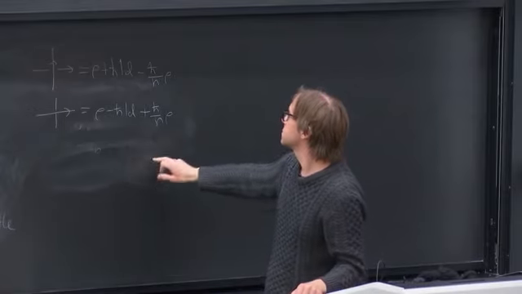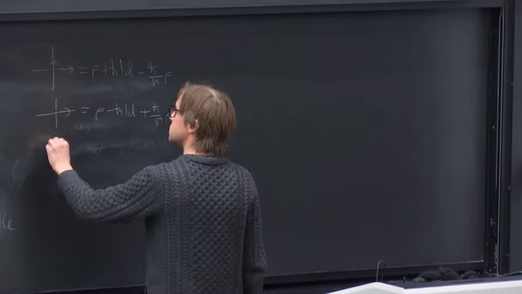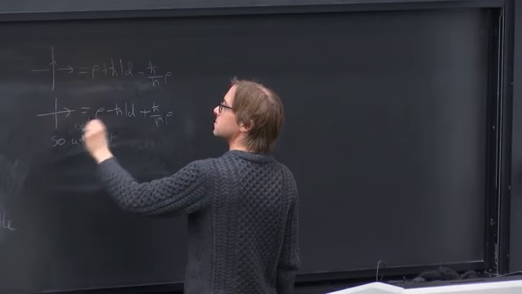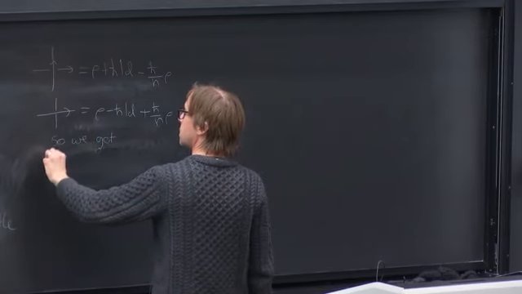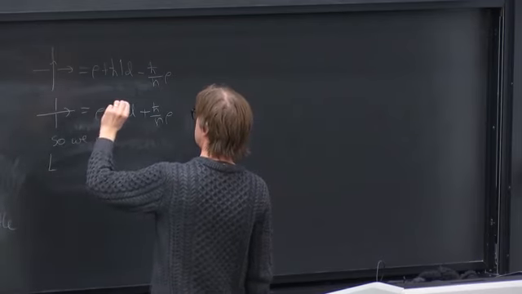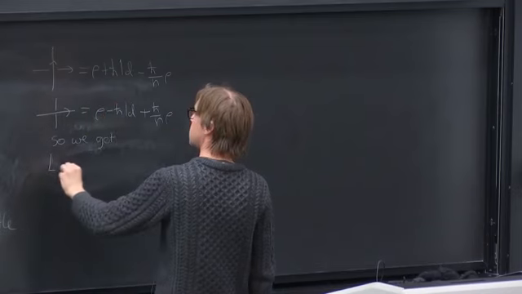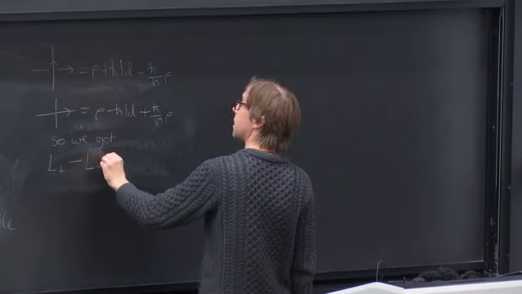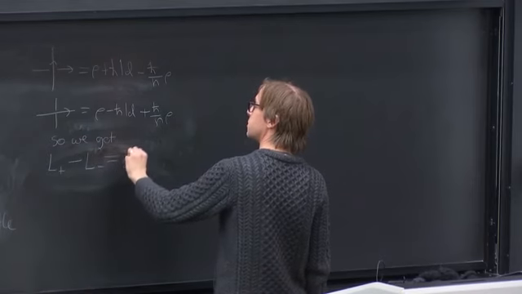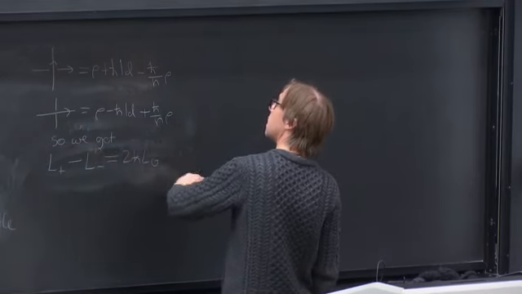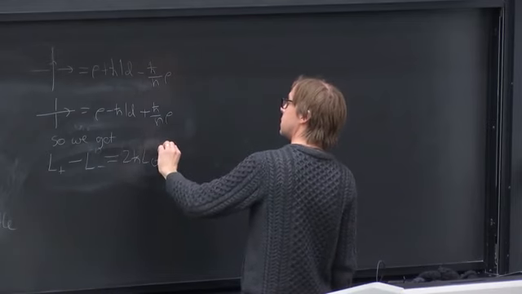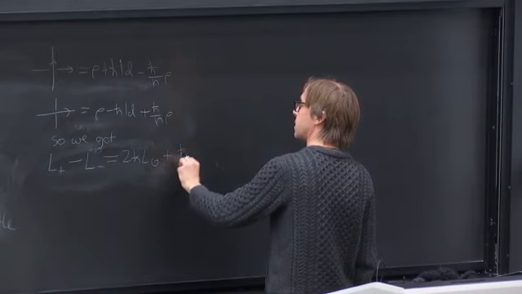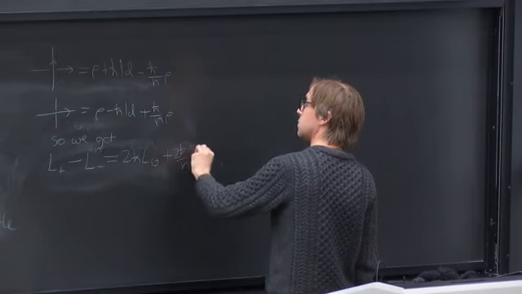So we get L plus minus L minus is equal to 2h bar L0 plus h bar over n rho.